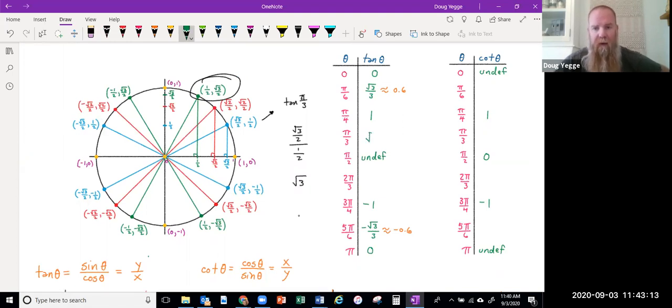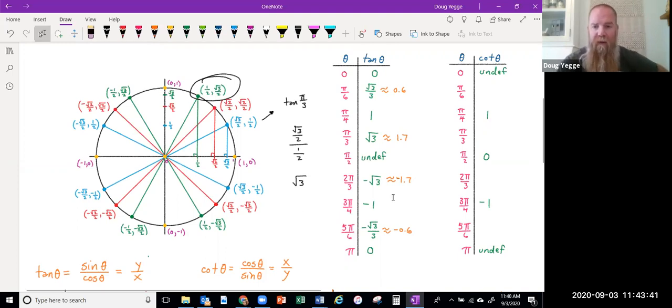So at pi over 3, I get the value of root 3, while at 2 pi over 3, it must be negative root 3. So root 3 is approximately 1.7. I'd like you to realize that that's bigger than the range of sine and cosine. Sine and cosine can't exceed 1 or negative 1. But now we already see that tangent is larger than 1 and smaller than negative 1.